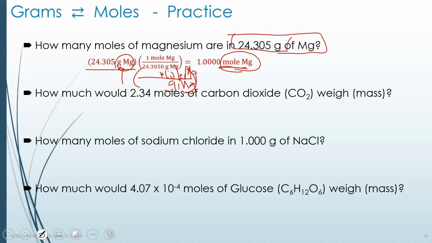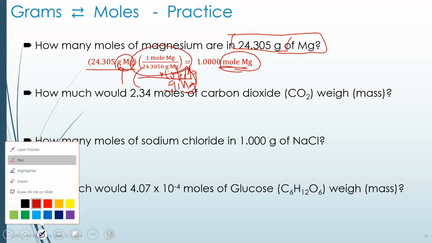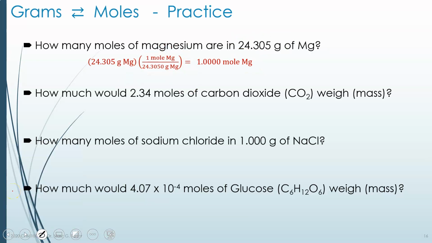Having moles on the top and grams on the bottom will allow you to put in the appropriate numbers. I'm going to erase my mess here, and you can see that I have put the gram part of this unit on the bottom in the denominator, and the mole part on the top. It's always 1 mole is equivalent to a certain number of grams of a substance. That is what molar mass is derived from.